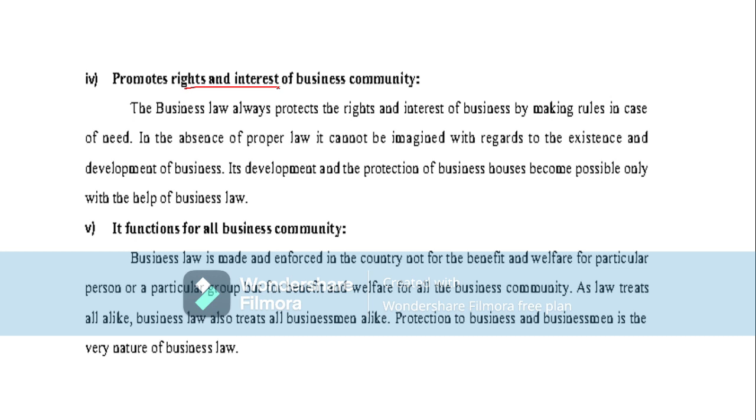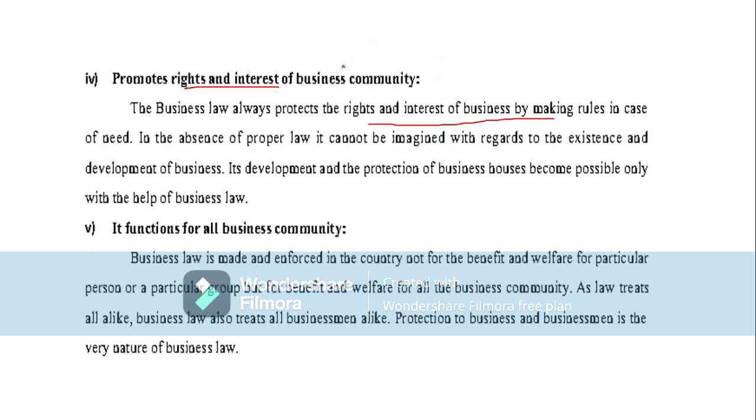Without business law, the business community, different trades, different businesses, different industries may not exist. So business law protects the rights and interest of business. Therefore, the main feature of business law is that it protects the rights and interest of the business community.